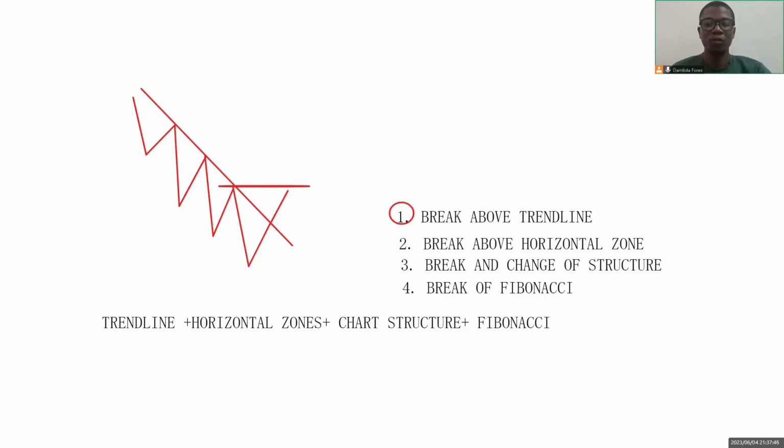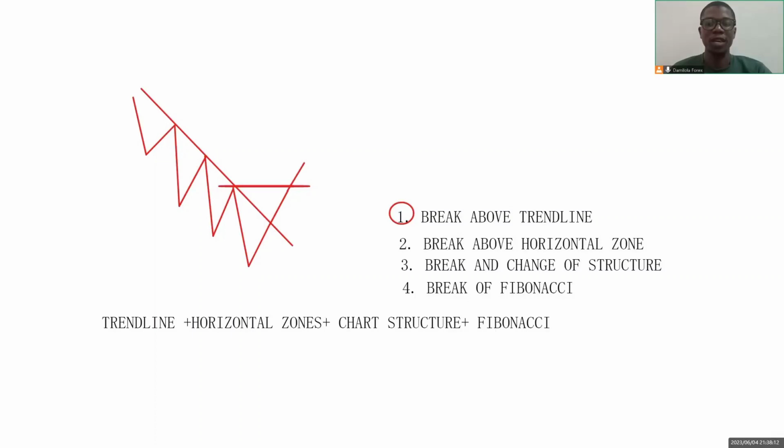After a break of a trend line, I wait and I watch price. Price must also break above the horizontal zone, because a break above the horizontal zone also indicates that there's a break and change of structure. So this is where I'm going to identify my horizontal zone, at the previous high.